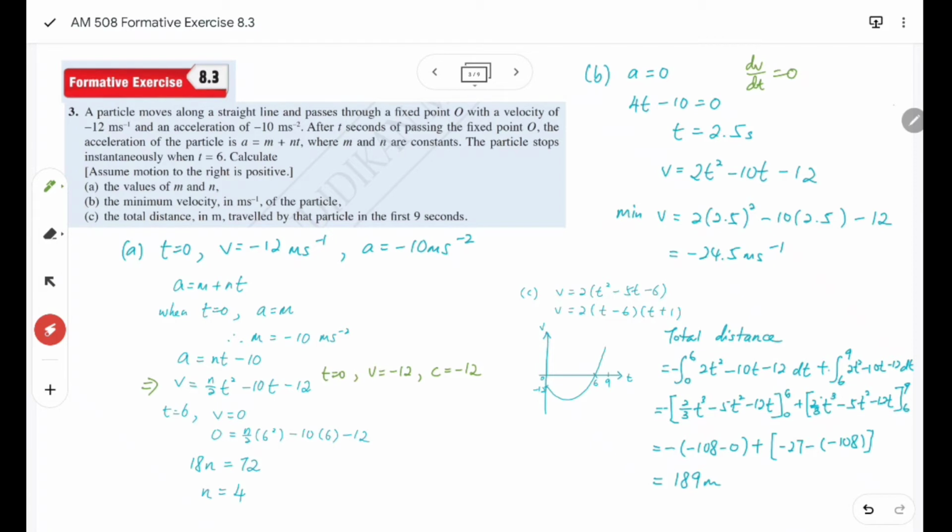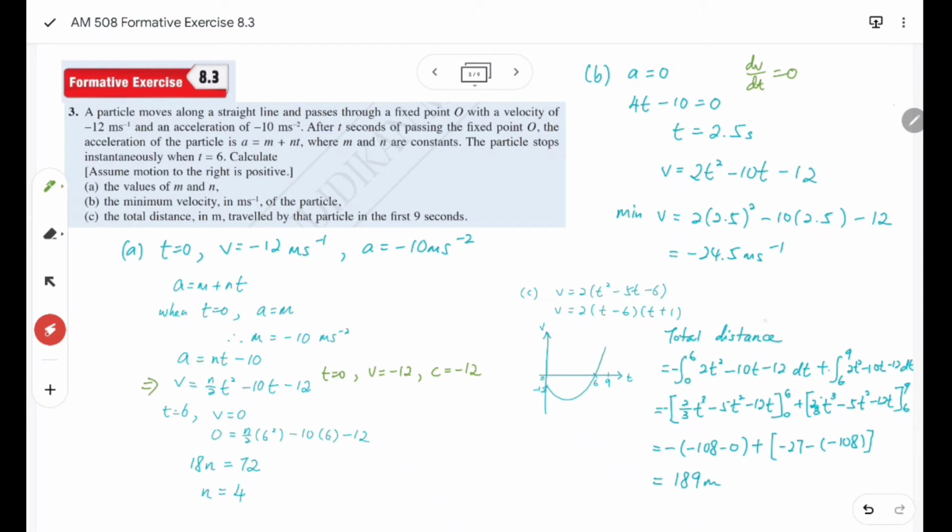C, the total distance in meter traveled by the particle in the first 9 seconds. So let's sketch out the graph of velocity. There we see the particle stops when t equals to 6 and changes direction. For the first 6 seconds, the particle moves toward the left, at 6 seconds it is stopped, and this part onwards will be positive, meaning that the particle moves toward the right.